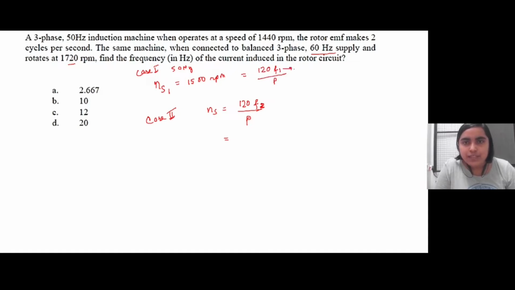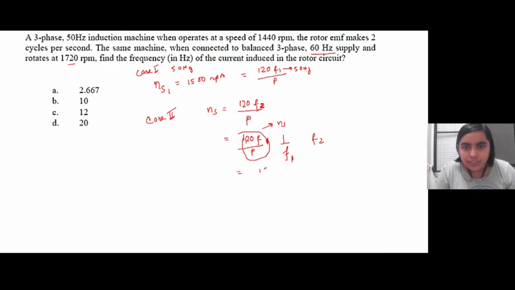This f1 is 50 hertz, right? Yes. So we can just equate it to this one. So let us write 120 f1 by p, so we divide by f1 into f2. So this particular thing only we are multiplying numerator and denominator by f1. So this is actually ns which we have, right?